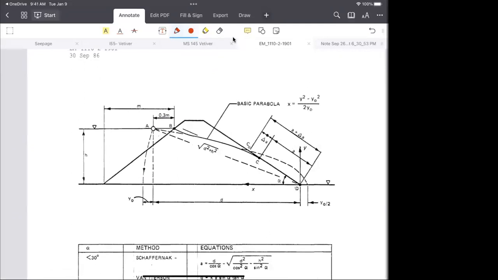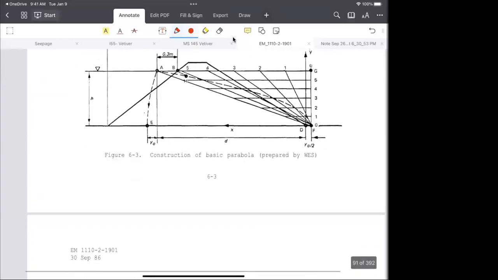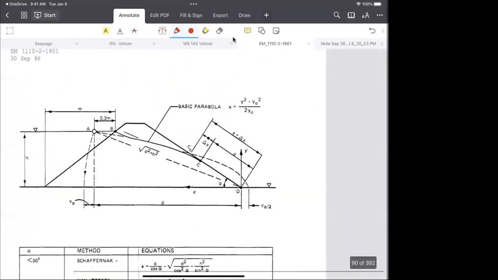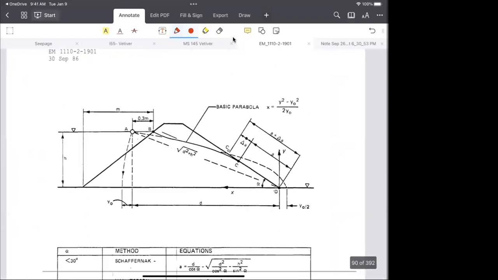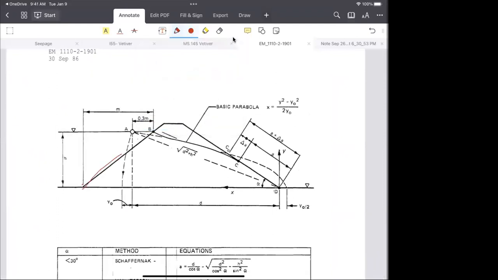So to do that, it has some rules. Basically, for an embankment, we have flow lines. Our outer geometry is this. This is our geometry of the embankment. And then the flow lines start from the top of the embankment.